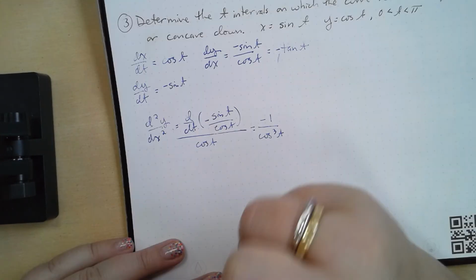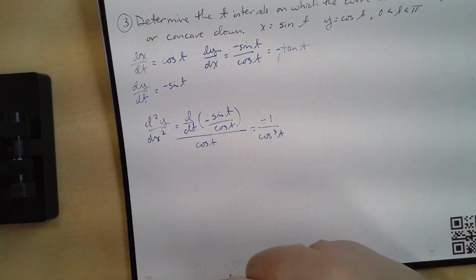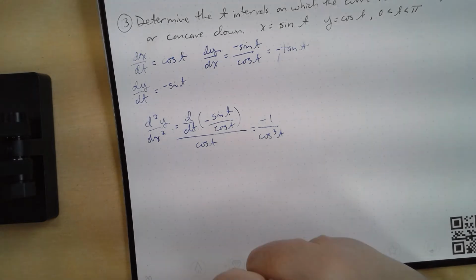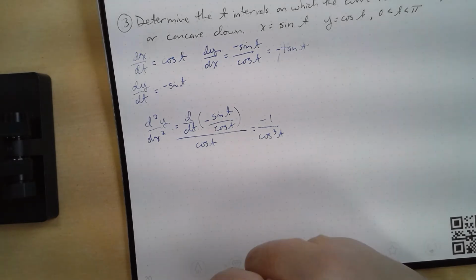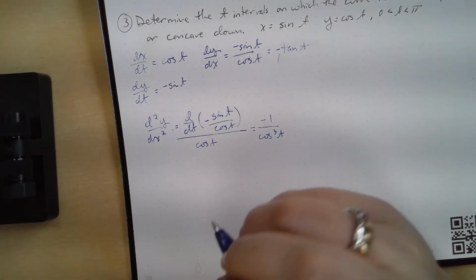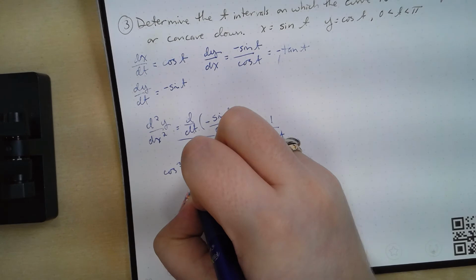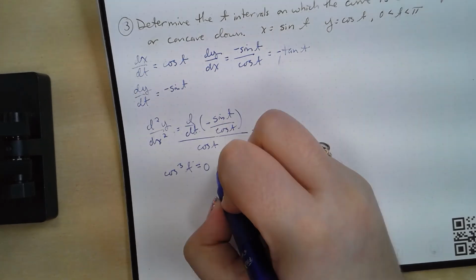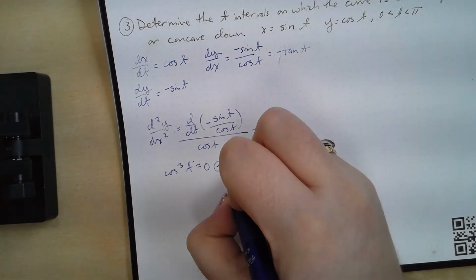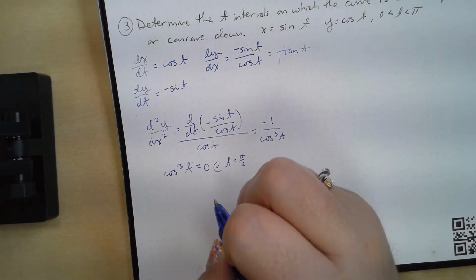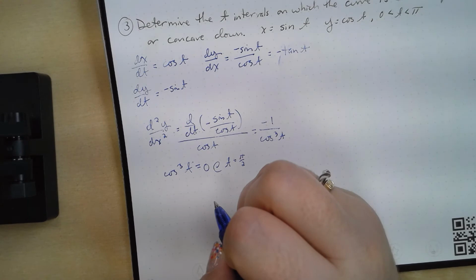So now we need to figure out when concavity is happening, right? Cosine cubed of t is equal to 0 when t is equal to pi over 2. So basically our second derivative doesn't exist there, but anyway, let's do our test here.